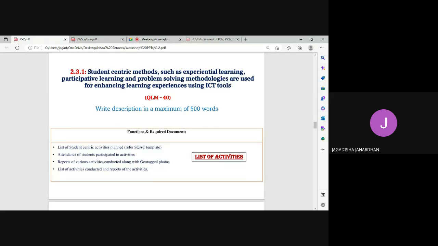That's why I'm trying to concentrate on how to gain more weightage in criterion 2, especially metric 2.3.1, that is, student-centric methods, where you have to mention experiential learning, participative learning, and problem-solving methodologies used for enhancing the learning experience, using ICT tools as well.